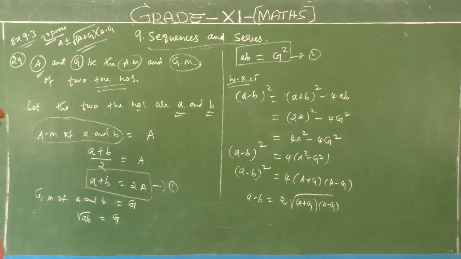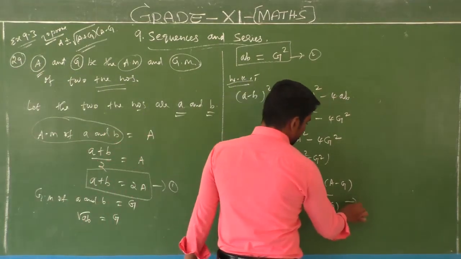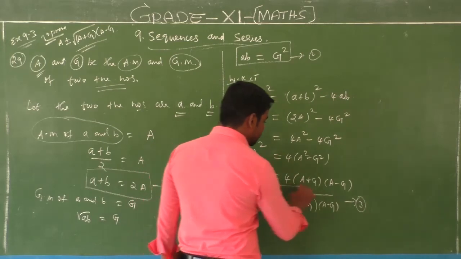Now solve equation number 1 and equation number 3, which give the a plus b value and the a minus b value.